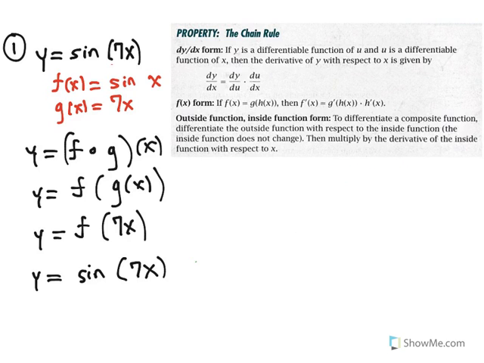So we begin by looking at the chain rule, and we're going to look at what we have here. You can write it in one of 2 forms. You have something called dy dx form, and we're going to look at the f of x form. They're the same thing, just expressed using different mathematical notations.